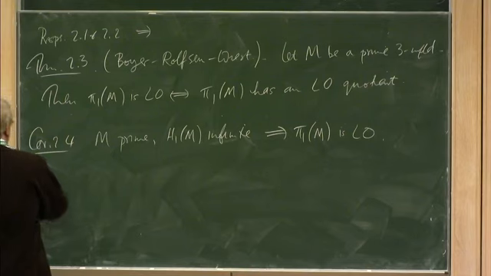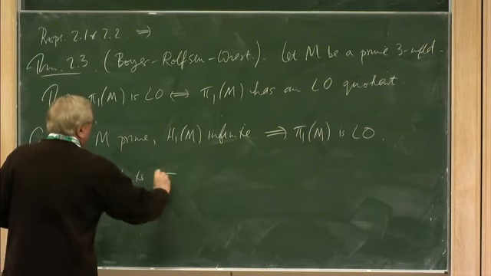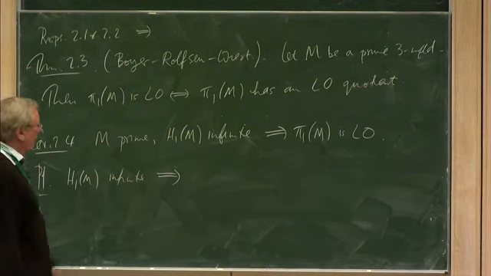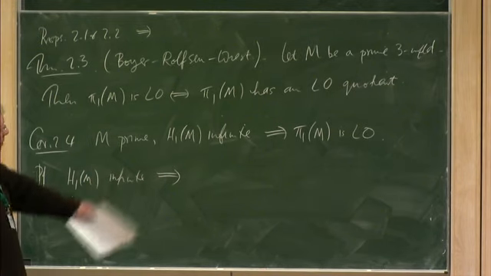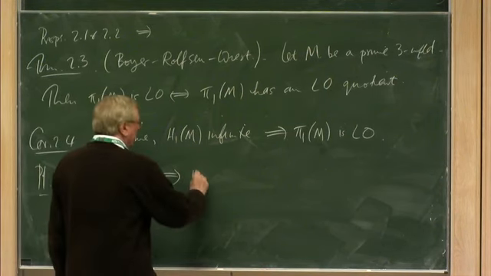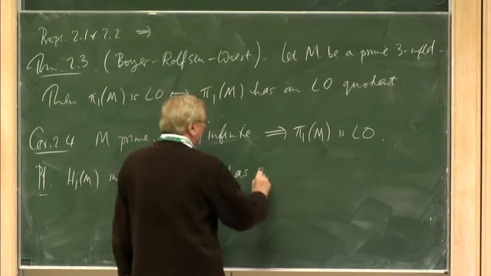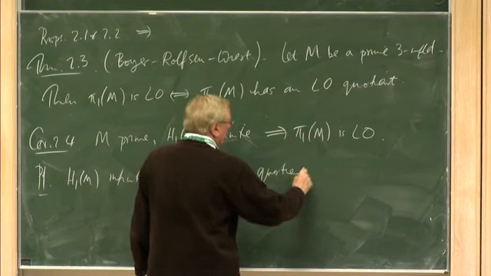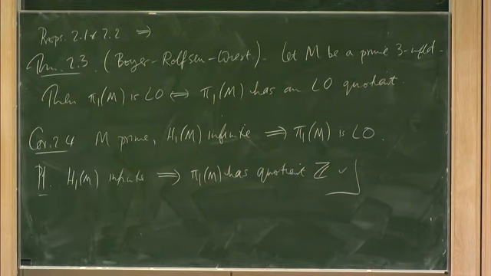Well, because H1 of M infinite implies that H1 of M maps onto Z. It's a finitely generated abelian group. It's infinite, so it maps onto Z, so pi 1 of M maps onto Z, which is left orderable. So it has a left orderable quotient, and so it's left orderable.